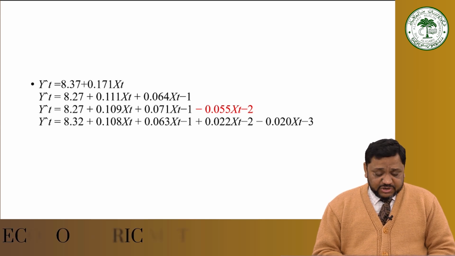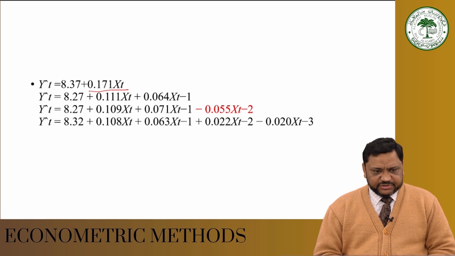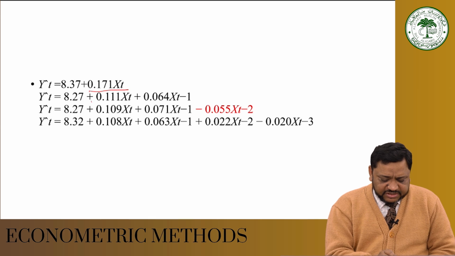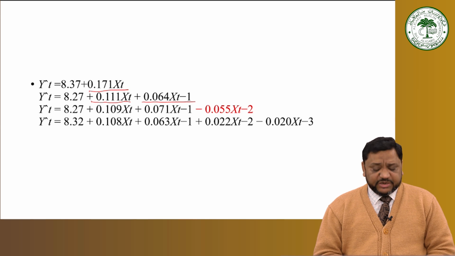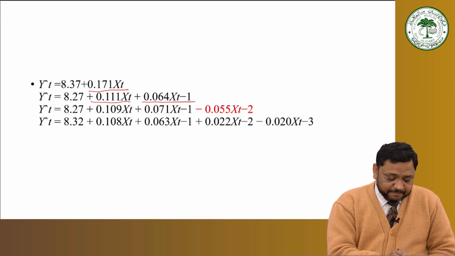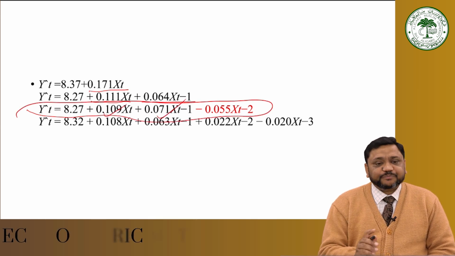First, using only x_t, new orders, the estimate is y hat_t = 8.37 + 0.171 x_t. Next, he incorporated one period of lag: y hat_t = 8.27 + 0.111 x_t + 0.064 x_{t-1}. The third time, up till here it's fine.